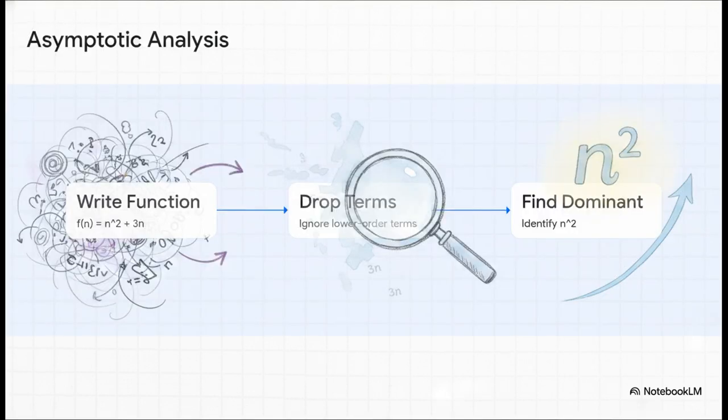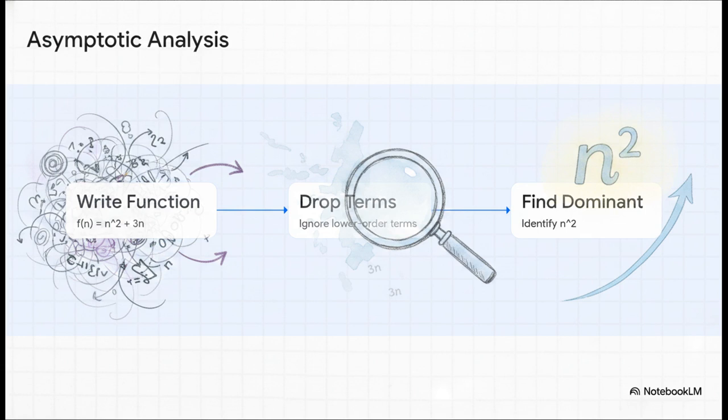In practice, calculating every single step of a program leaves you with a really messy mathematical function. To study growth efficiently, we use a technique called asymptotic analysis to reduce the function down to its most important part. First, you write out the messy function. Let's say f of n equals n squared plus 3n. Step 2 is where the magic happens. You just drop the constants and the lower order terms, meaning the parts of the math problem that just don't grow as fast.